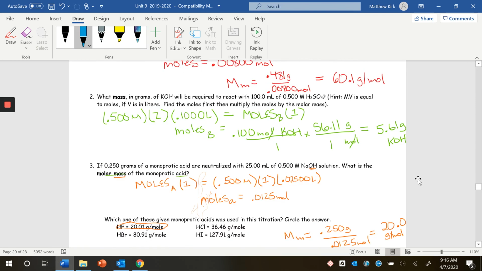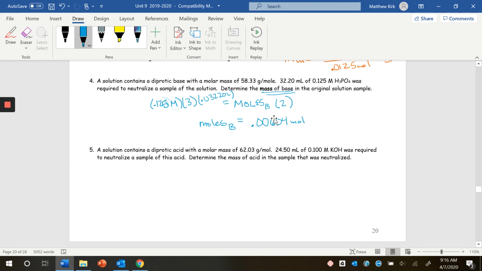So remember, to find grams, what we do is take the moles that we find and multiply it by that molar mass. Remember, we do that conversion where we put moles on the bottom to cancel out, and we put our molar mass on top, because once we get rid of moles, we want grams as our unit.